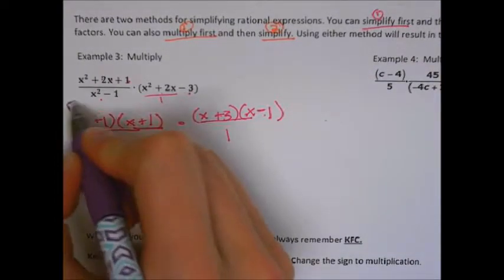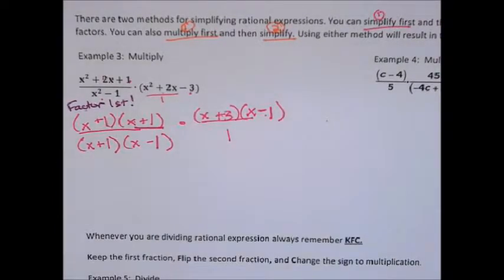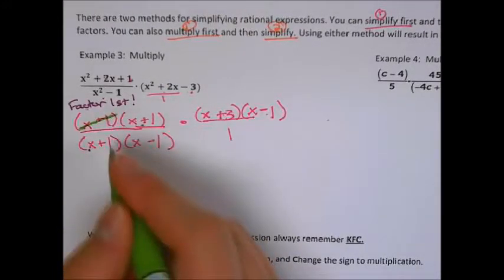So we had to factor first. Now we can see which pieces divide out. I notice I have x plus 1 and an x plus 1. So you can pick either of them to cross out. I'm going to cross out this one and this one.